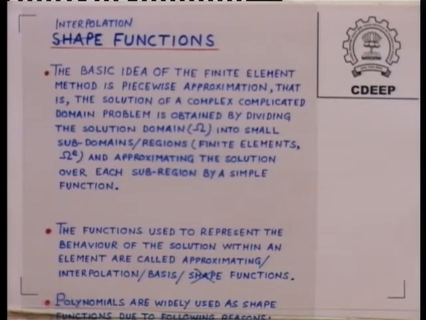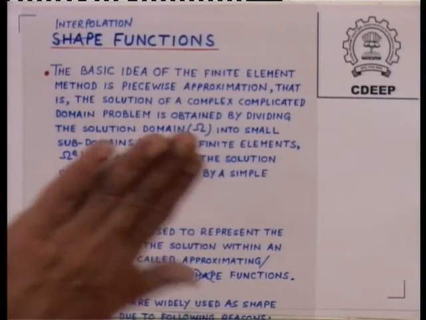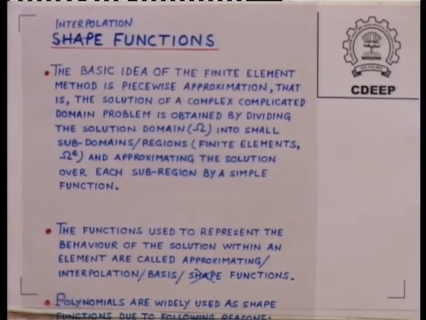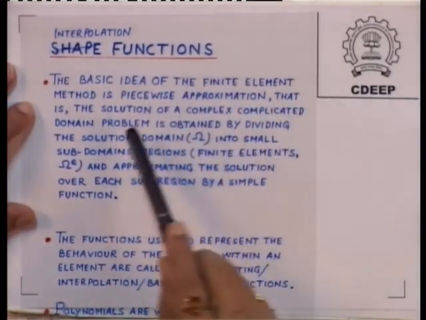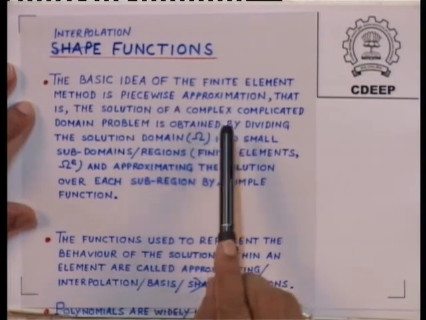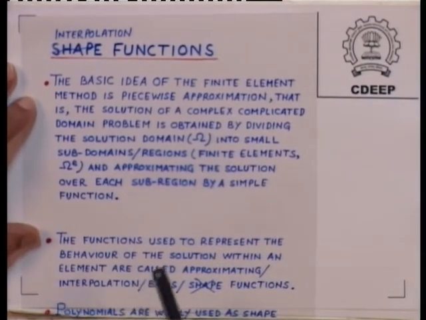See, this is shape functions or interpolation function, the function which is assumed for the behavior of any parameter within the element is called interpolation function, and the same function, because there is a particular way in which we write it, becomes shape function. So this is the most important thing in finite element. So I will just review it quickly.